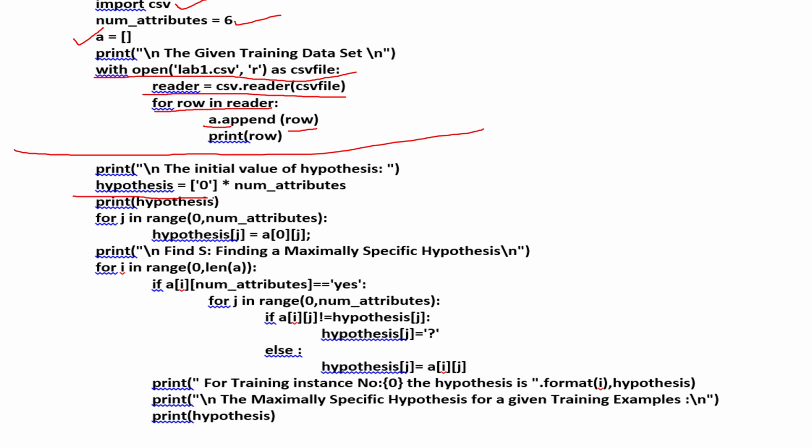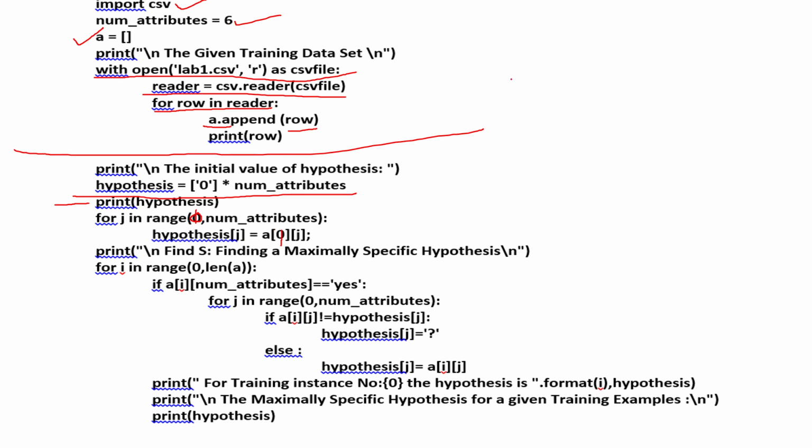The hypothesis should be initialized to 0. How many zeros are required depends on the number of attributes. Print the initial hypothesis. If the first row is a label row, start from the second row to initialize the initial hypothesis.